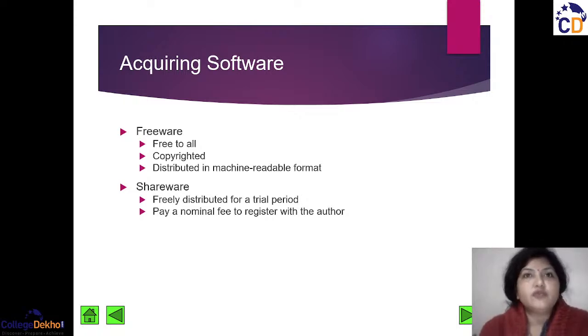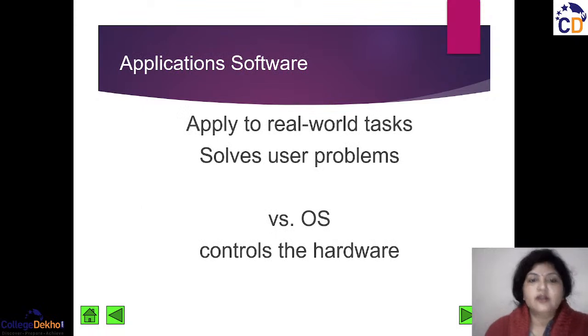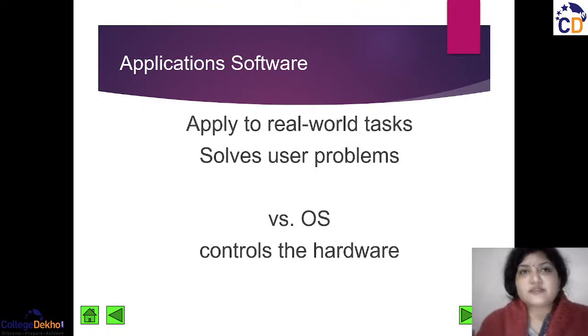So let us move to the different types of software we have and how to use them. Everybody is using application software and system software, but nobody knows which is application based and which is system based. Application based software are those which solve the user's problems.